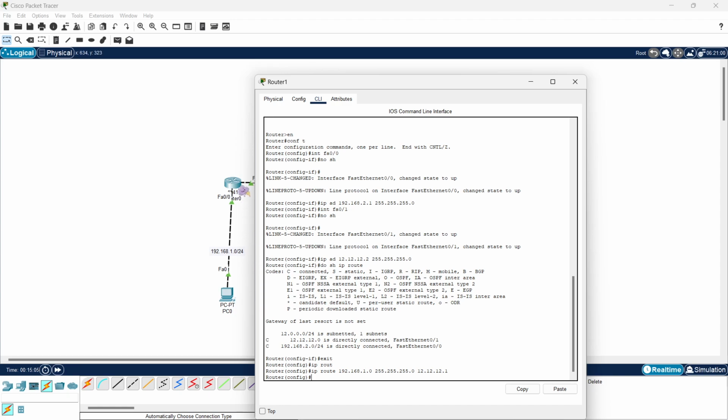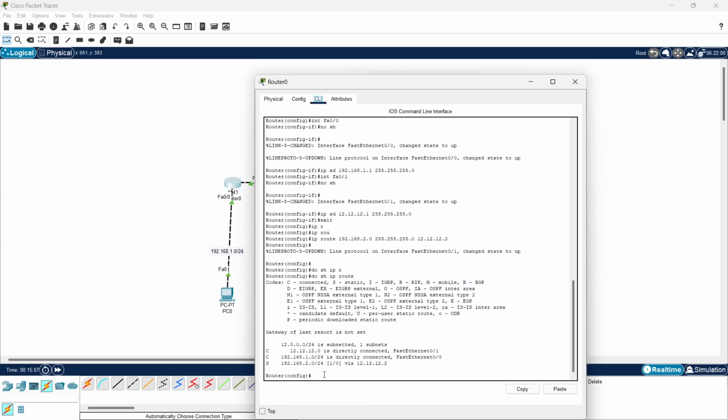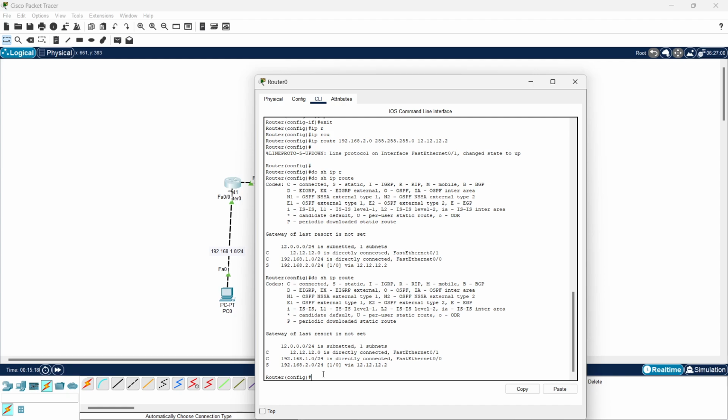And then we can check it again at the first router, router 0, with show IP route. Okay, so as you can see in here, we have configured the static route.